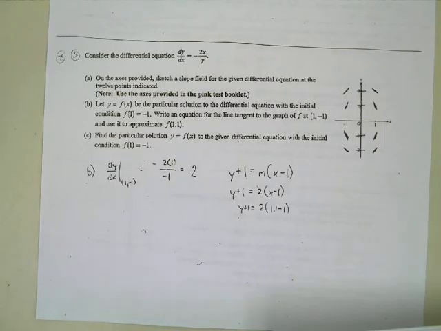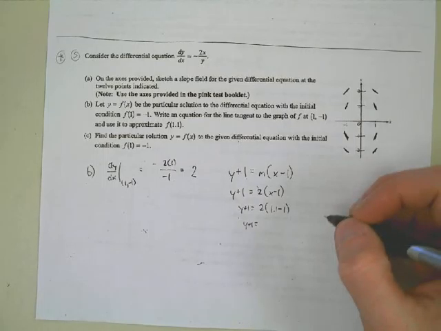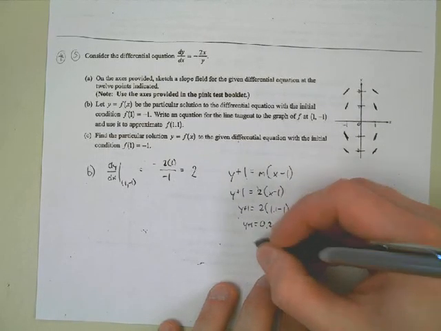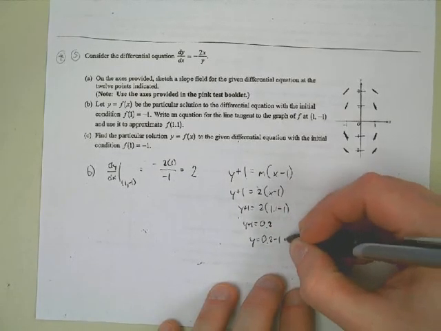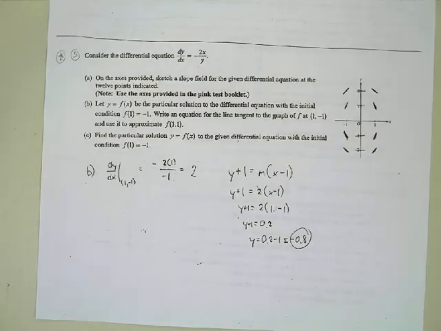Pretty sure it's non-calculator. But we can do this, no problem. What's 1.1 minus 1? 0.1. And what's 2 times 0.1? 0.2. Then we subtract 1 from both sides, so we get y equals 0.2 minus 1, which is -0.8. We figured it out, like that.